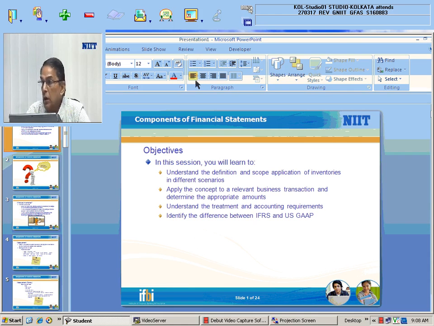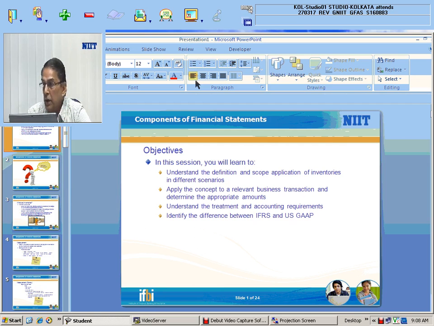So we will talk about the IFRS pronouncement, which is IAS 2. International Accounting Standard 2 deals with inventory. The main issue with respect to accounting for inventory under IAS 2 is the amount of cost to be recognized as an asset.